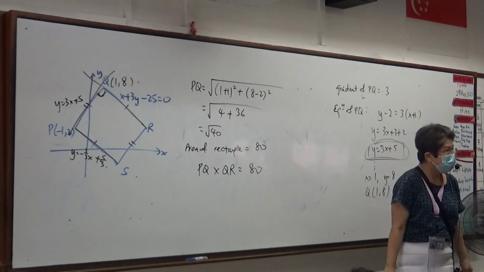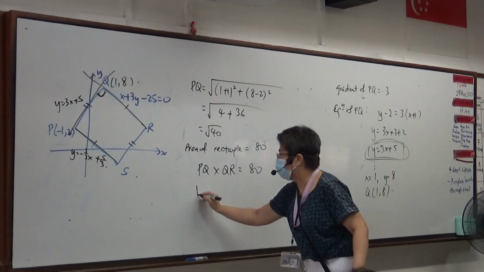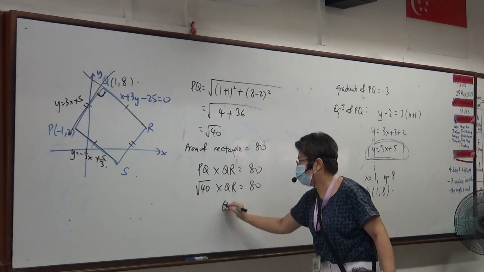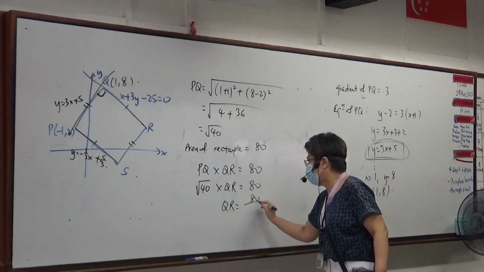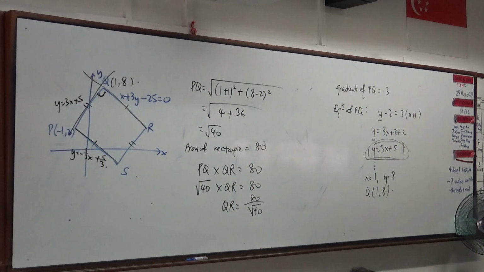Length times length must give me 80, right? PQ is what? So what is QR? 80 over square root 40, right? Correct? Don't have to simplify, just leave it as it is.